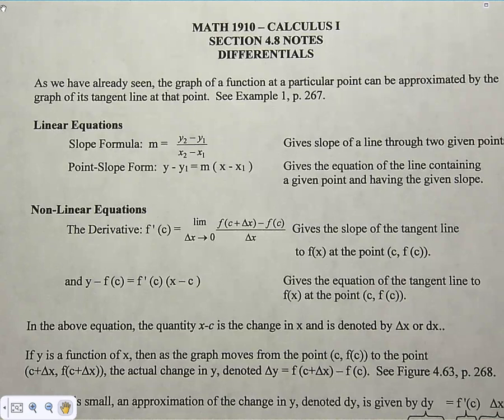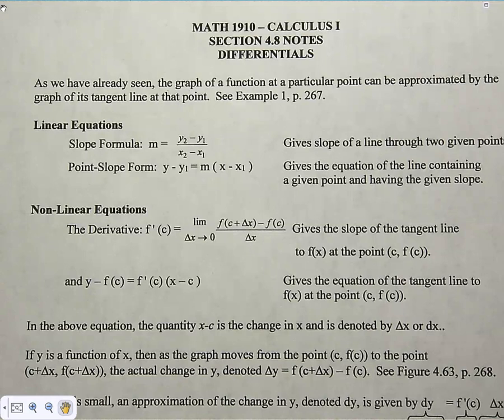Differentials are used to approximate the actual change in y in situations where y depends on x, and we can't express that explicitly. We can't find the actual change in y, and we need to approximate it somehow.